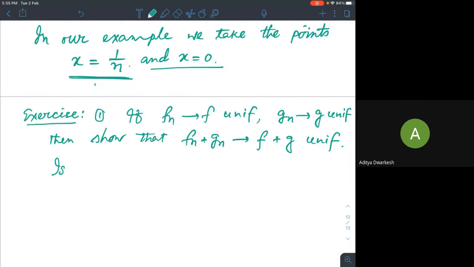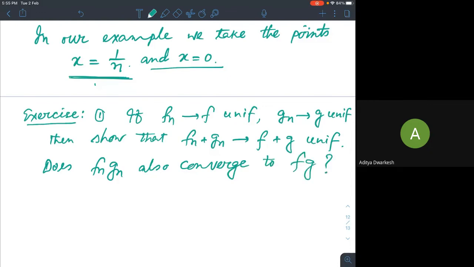Or does Fn times Gn also converge to FG? Does it converge? If it converges, then give a proof, and if not, give a counterexample, and maybe discuss situations where it converges.